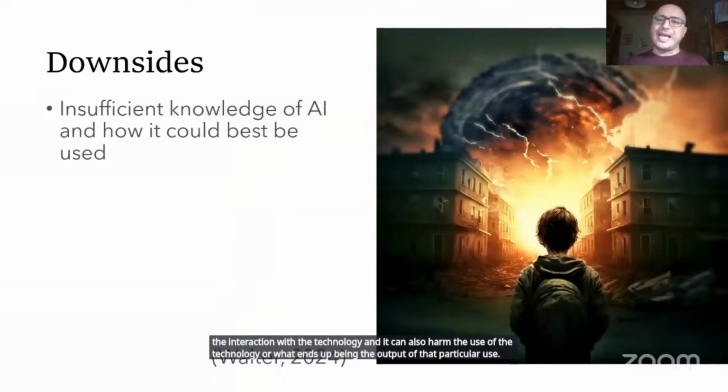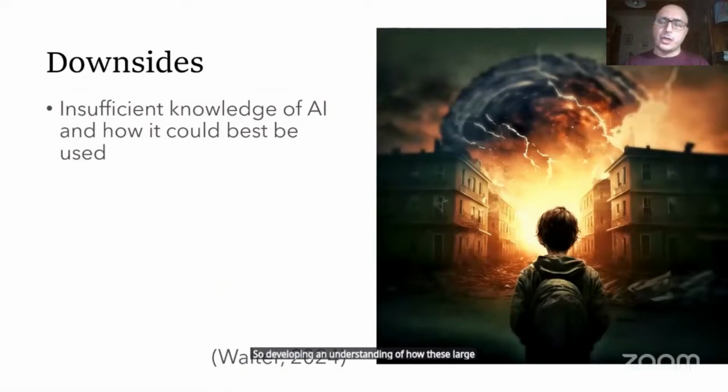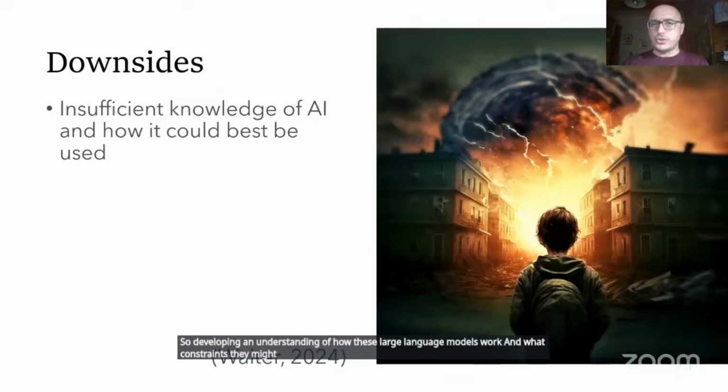So developing an understanding of how these large language models work and what constraints they might have is highly important as a first step in enabling us to engage in a more effective relationship with machines.